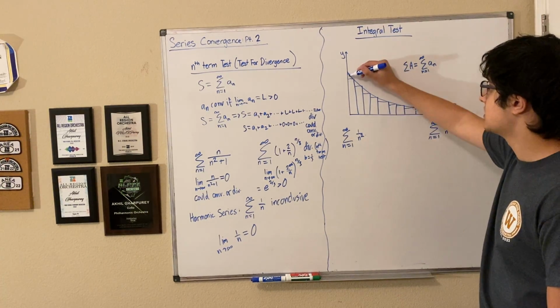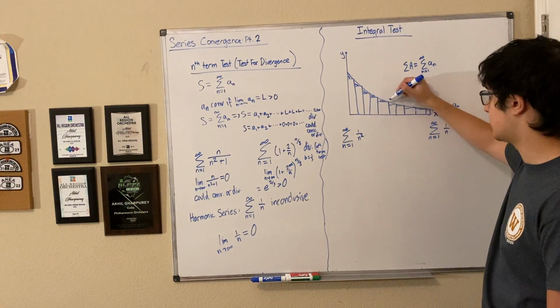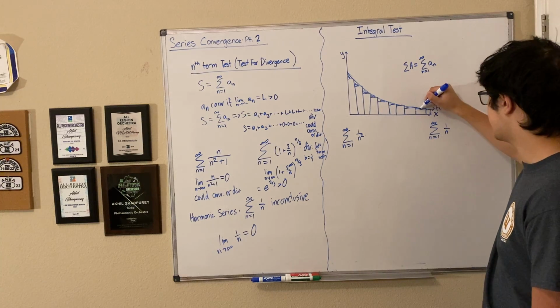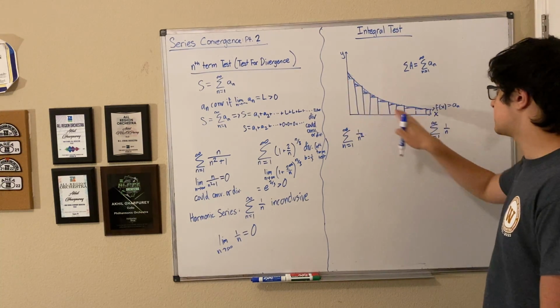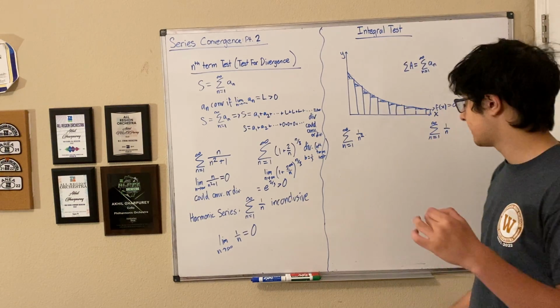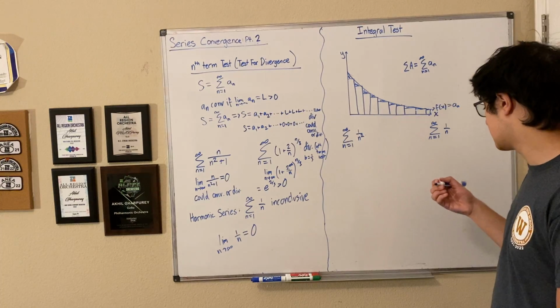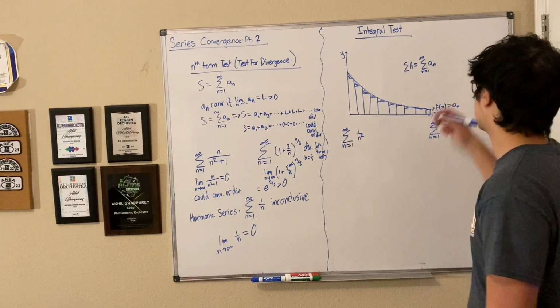Now, of course, this is an estimation, so there are some areas of error, as in the ones I'm shading right here. But the summation and the integral, if we evaluate the integral from 1 to infinity, are going to behave in the same way in this case. That, of course, comes with 3 specific conditions.